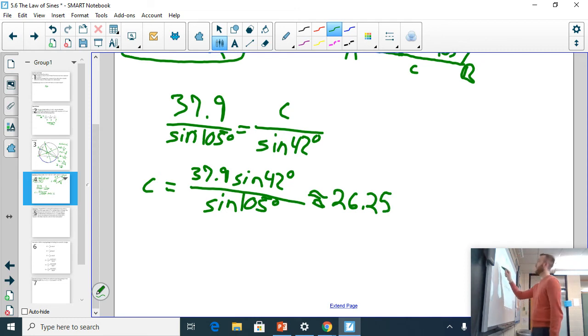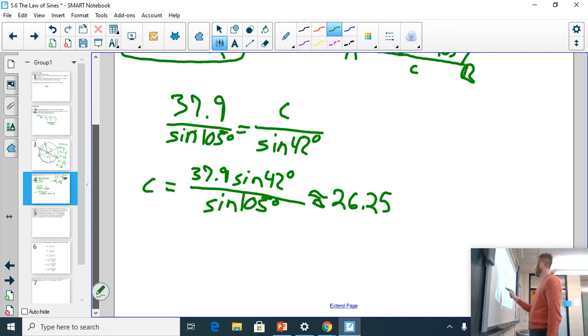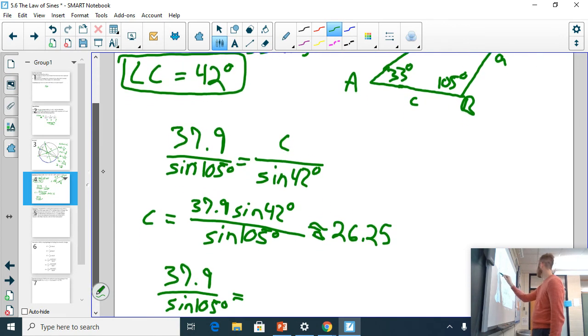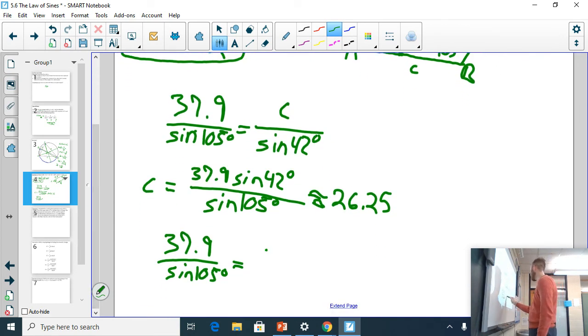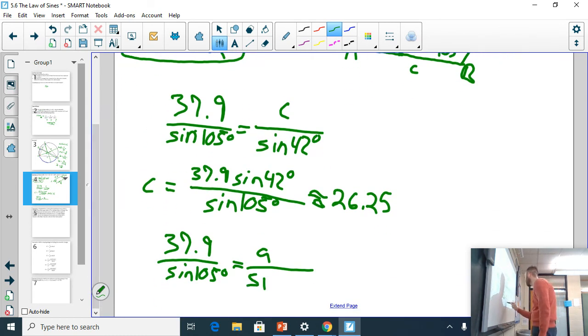And now we just have to do the same thing for a. And again, we know that 37.9 all over the sine of 105 degrees is equal to, well, now we follow the law of sines for the other one. And we're looking for a, and that'll all be over the sine of A, but we know angle A is 33 degrees, so that'll be sine 33 degrees.